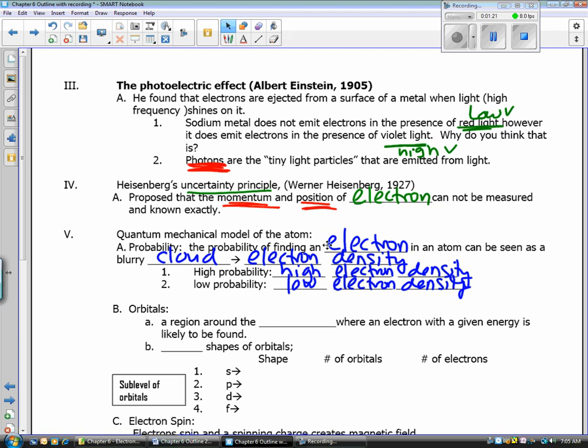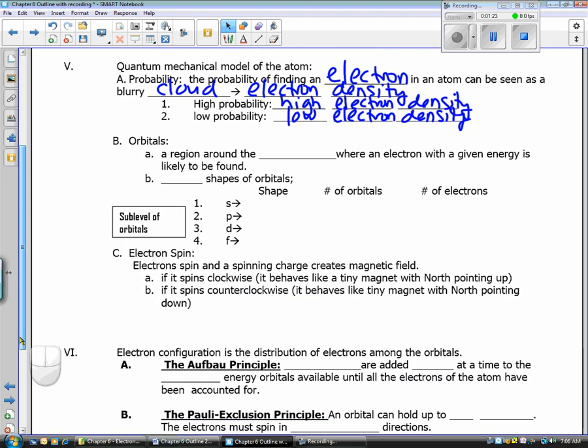Now, these orbitals all have different shapes. An orbital is basically just the likely path or the region around the nucleus where an electron with a given energy is likely to be found. We have 4 different shapes, like I said. We have the sphere. I'm just going to draw a circle because, well, it's two-dimensional.